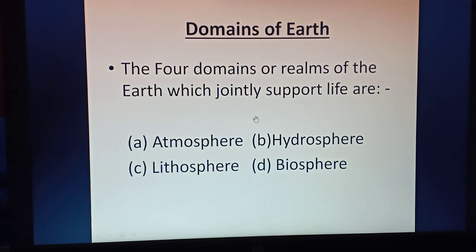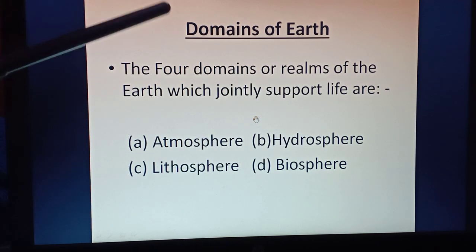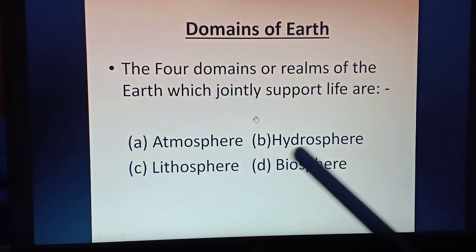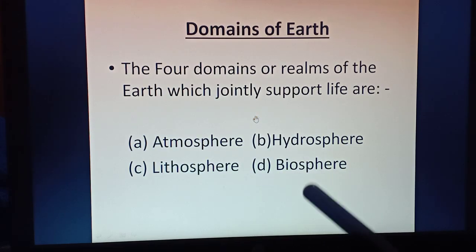You are familiar with the meaning of lithosphere, hydrosphere, atmosphere and biosphere from your previous classes. Let us learn some more facts about these domains. The four domains of the earth which jointly support the life system are atmosphere, hydrosphere, lithosphere and biosphere.